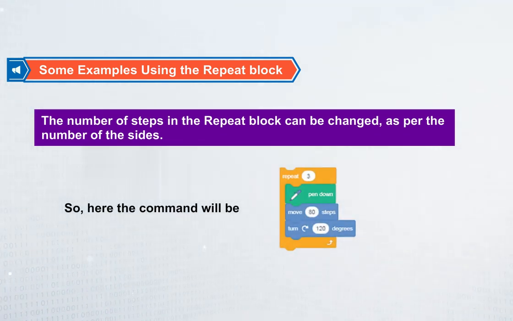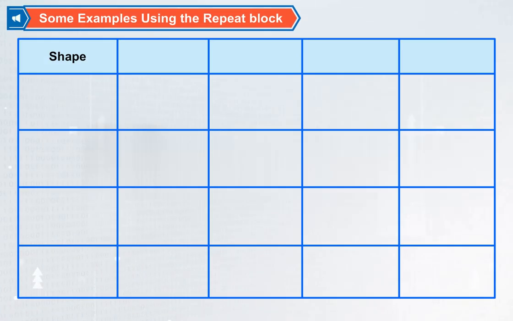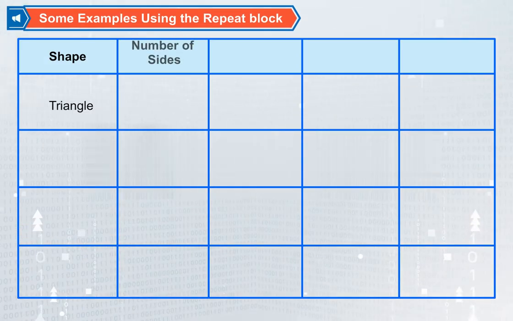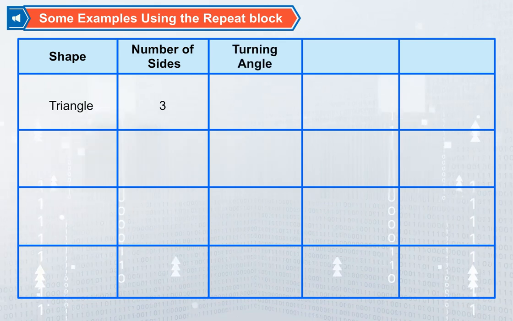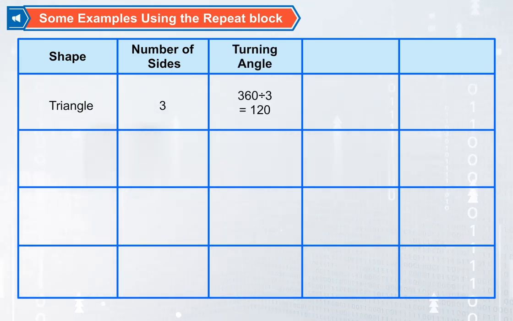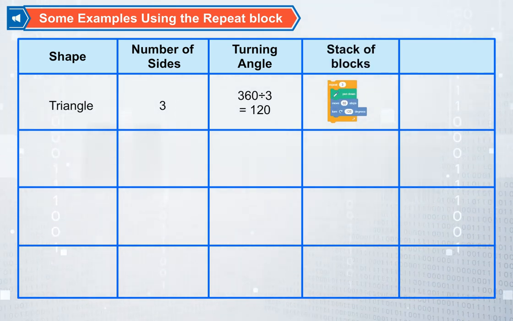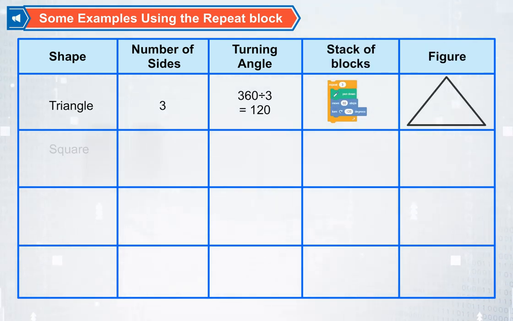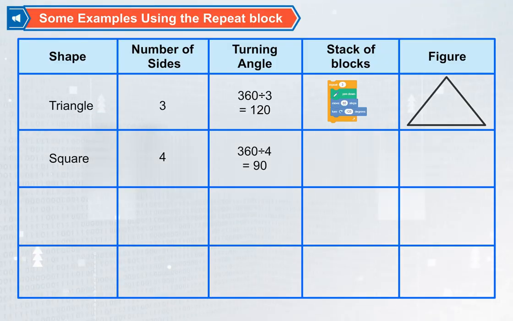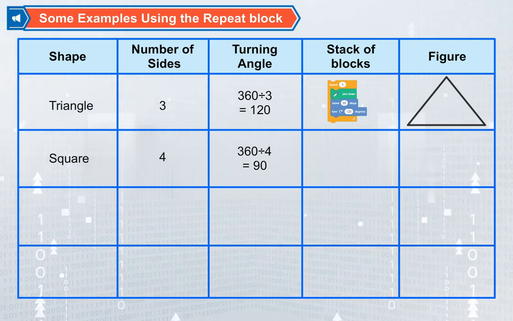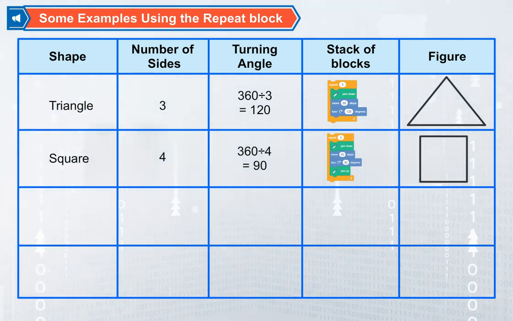So here the command will be: shape triangle, number of sides 3, turning angle 360 divided by 3 equals 120. Stack of blocks, figure square, number of sides 4, turning angle 360 divided by 4 equals 90.